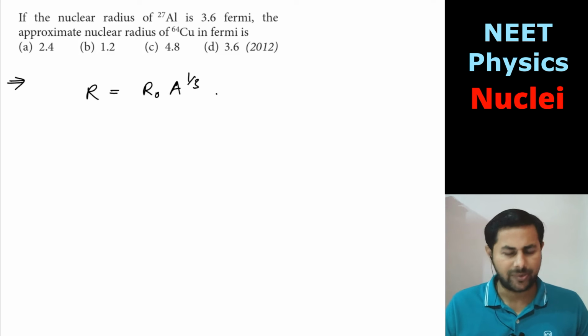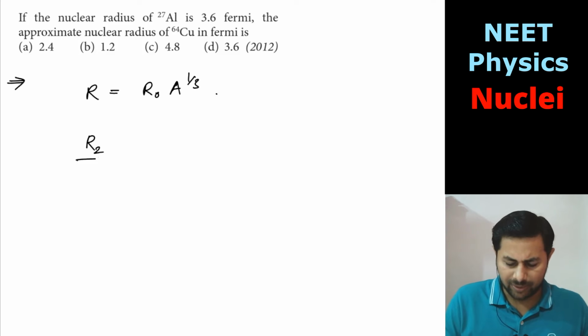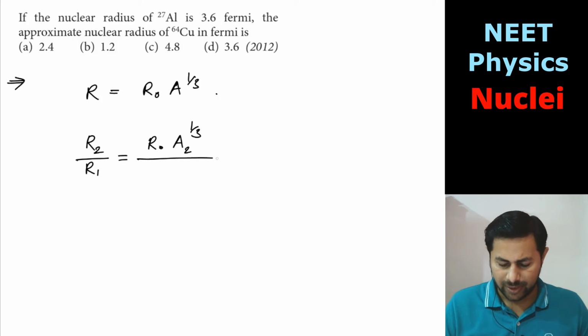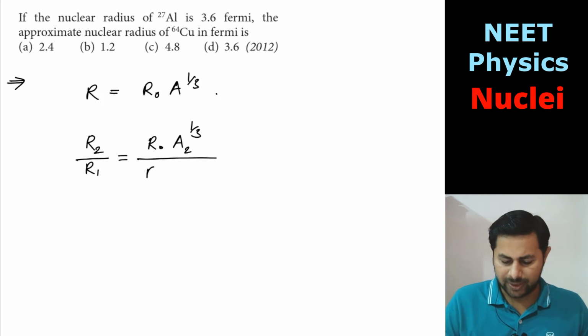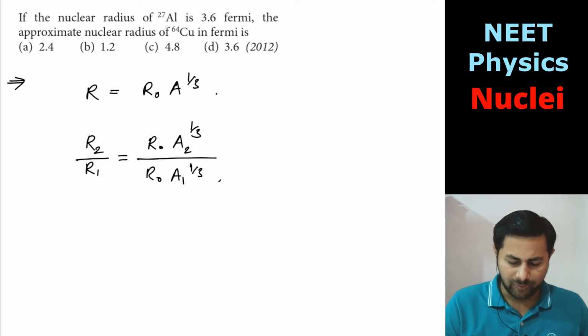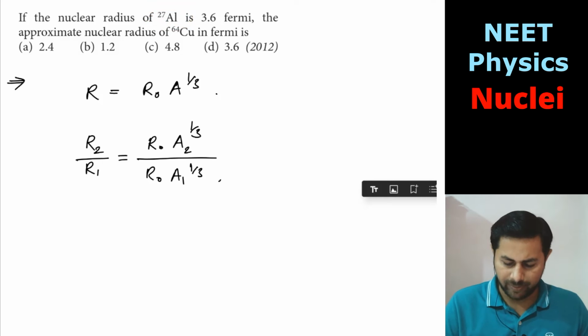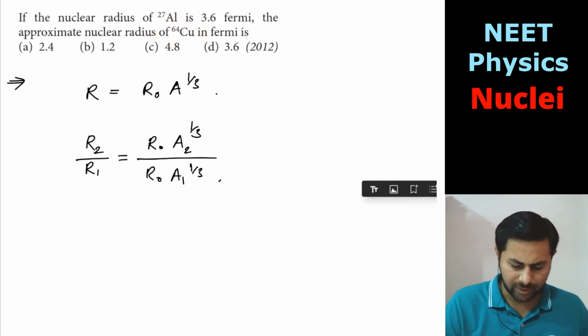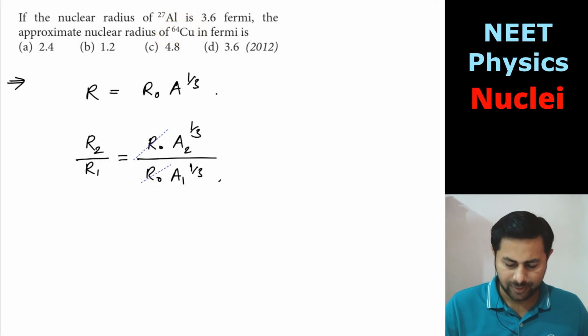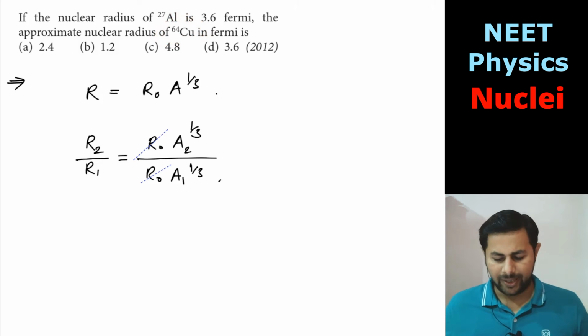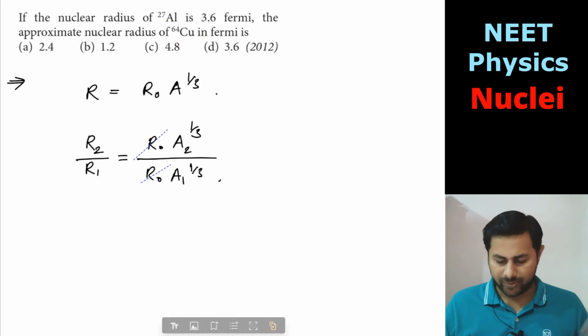So R2 by R1 is equal to R naught A2 raised to 1 by 3 over R naught A1 raised to 1 by 3. Suppose 1 is aluminium and 2 is copper. We want to find out R2. R naught will get cancelled, and A2 by A1 raised to 1 by 3 is the ratio of their radii.